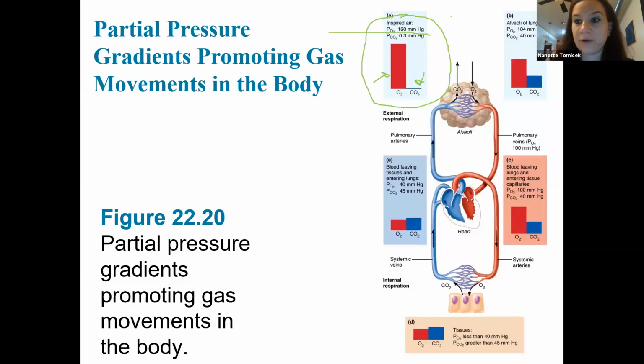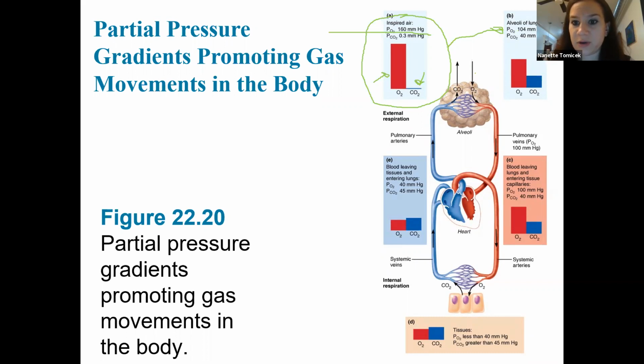The second we go through all of our respiratory structures, through the trachea, into the lungs, we can see that the partial pressure of oxygen already drops because we're mixing with all of that dead space air. But we still have a pretty good concentration of oxygen here, nice and high.